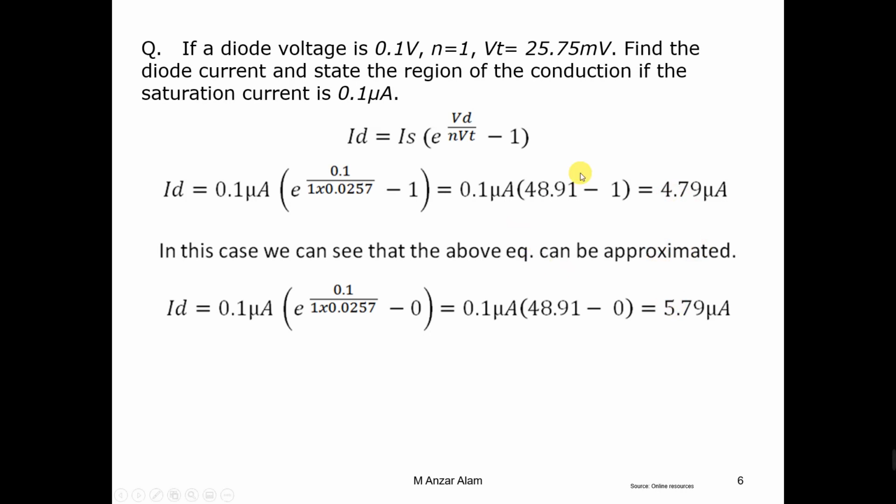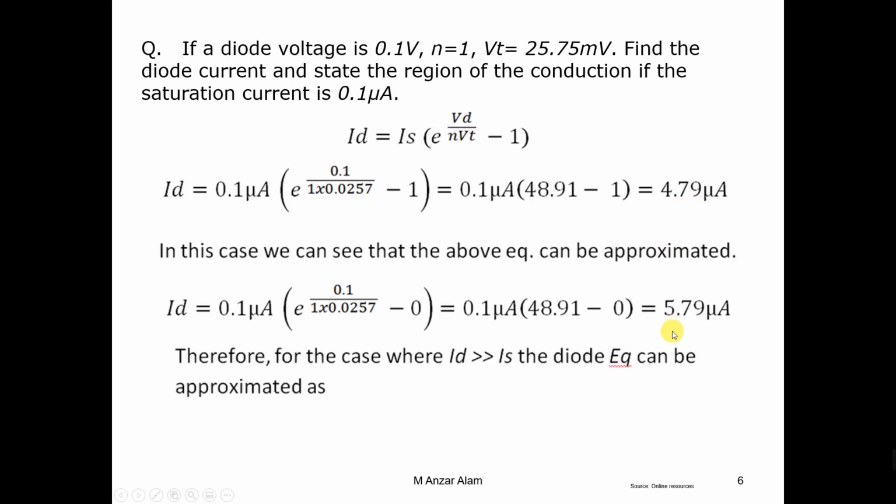So this difference can be ignored, and therefore, for the case where the diode current ID is much greater than IS, where IS is the saturation current.